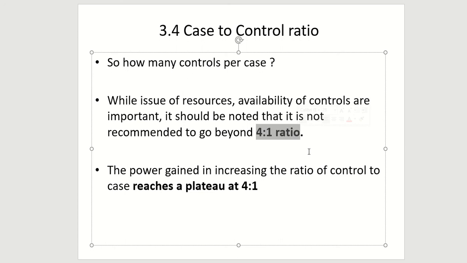You can only increase your sample size in that situation by getting more controls. So instead of 22 controls, you can get 44, 66, or 88 controls, all the way up to 4 times. But why not 5 or 6 times? Because the power will reach a plateau. At one point in time, you will no longer gain from power.